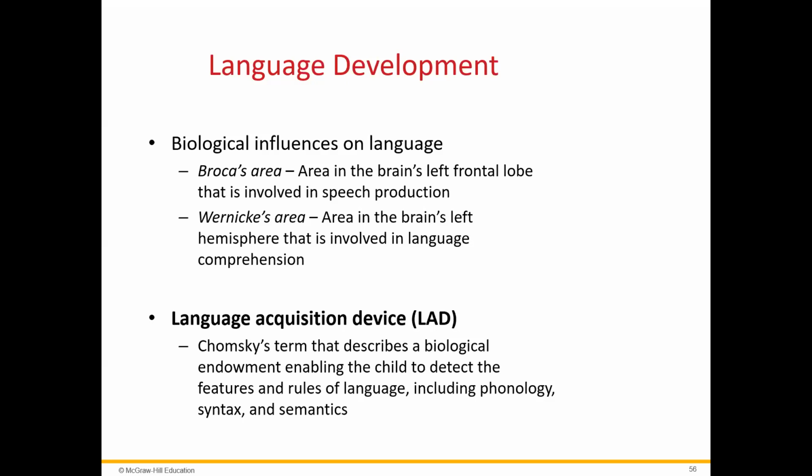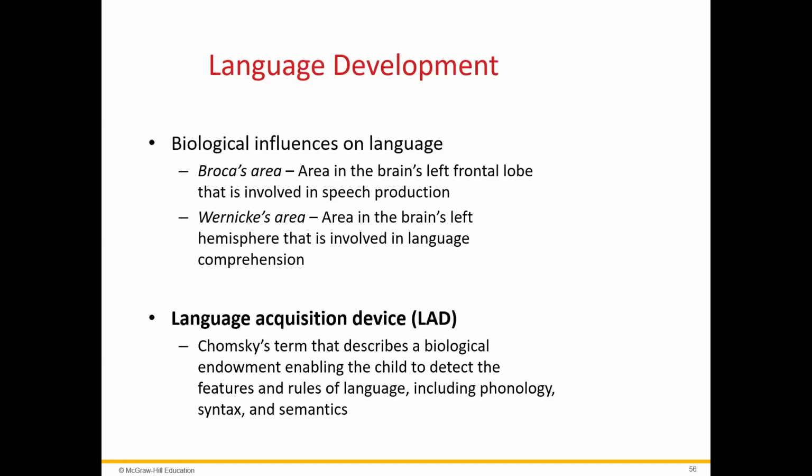To continue with biological influences, there was a theory proposed by Noam Chomsky. He was a linguist. Noam is how you spell his first name. Chomsky, a very famous linguist. He proposed that humans are biologically pre-wired to learn language at a certain time in development and in a certain way.